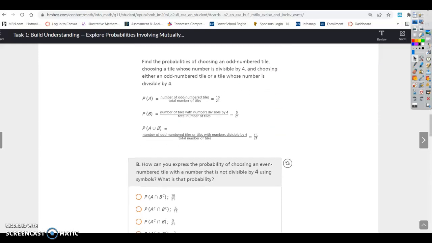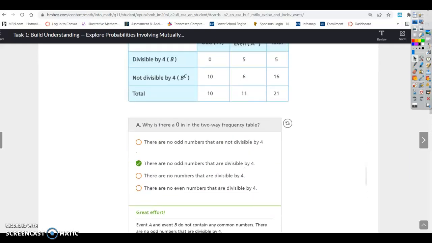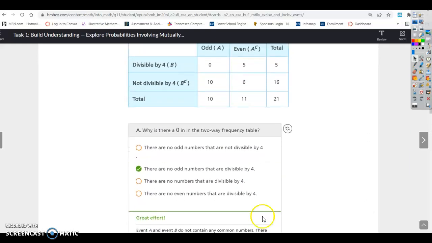It says find the probabilities of choosing an odd number tile, choosing a tile whose number is divisible by 4, and choosing either an odd numbered tile or a tile whose number is divisible by 4. So the probability of A is going to be 10 out of 21.